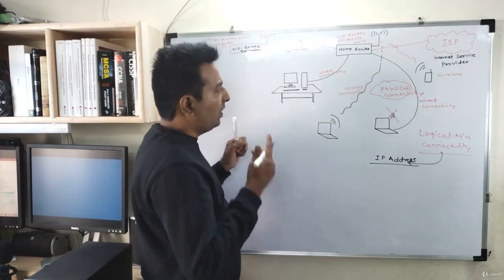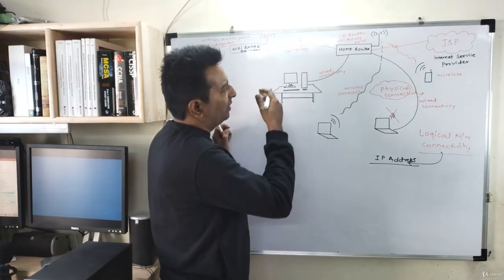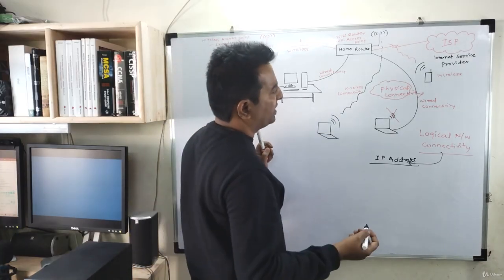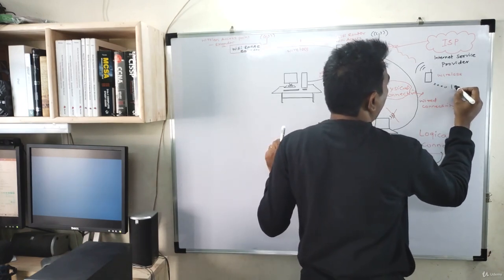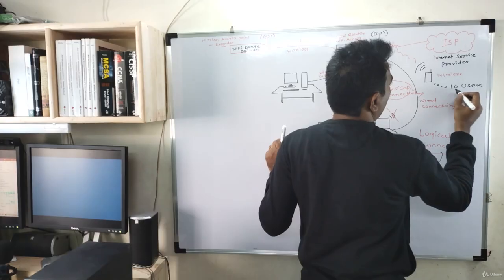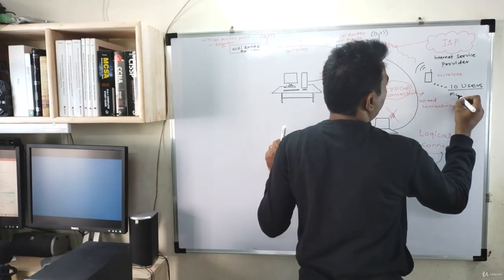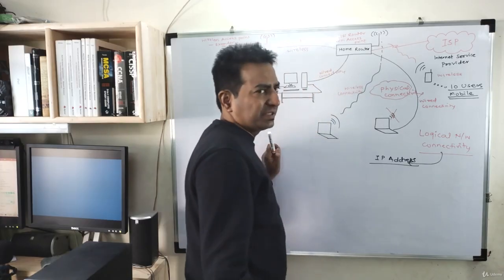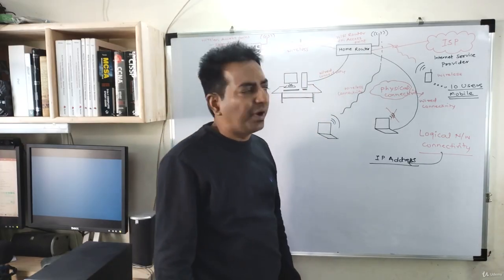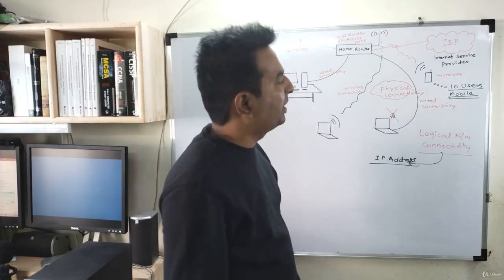Now this is a small network. How many devices? Consider you have 10 users who have mobile phones with them, say 10 family members. Generally it is usually 4 to 5, but I am taking 10 as an example.